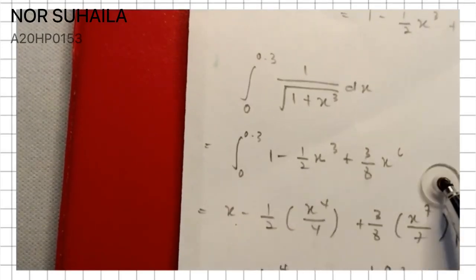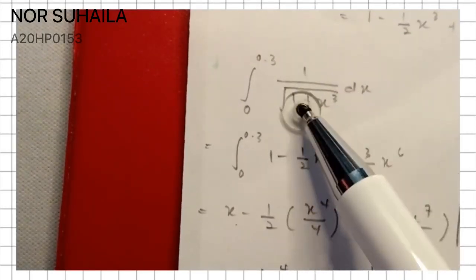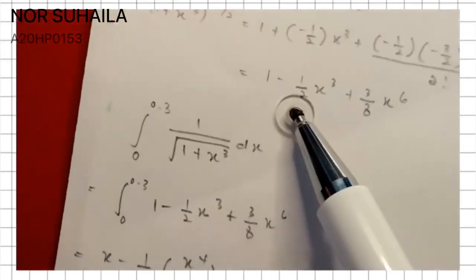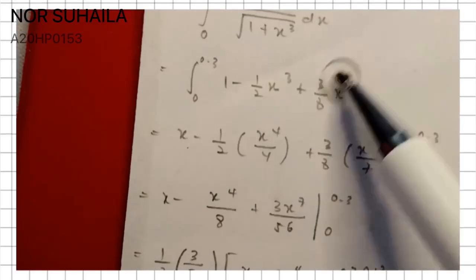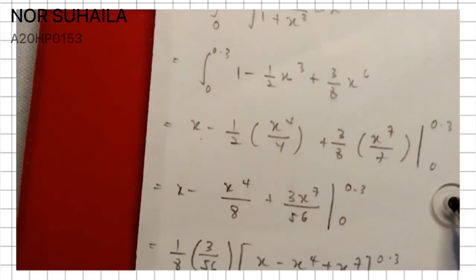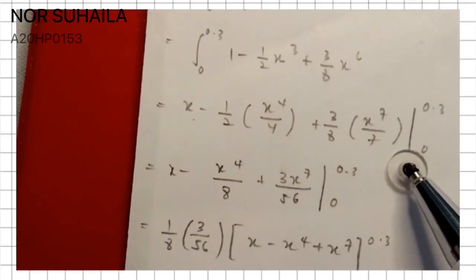We integrate 1 minus 1 over 2 x^3 plus 3 over 8 x^6, so we just replace and integrate like always.